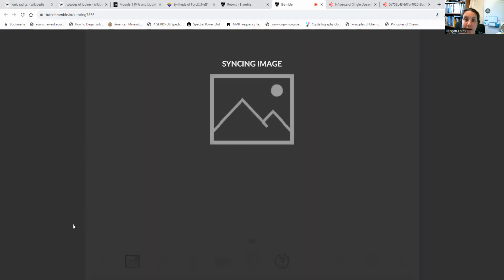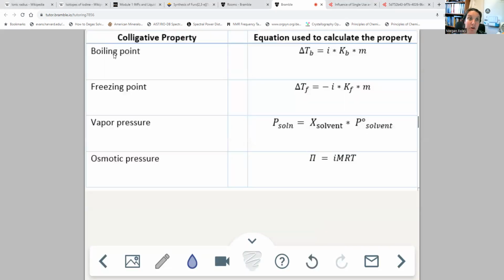I'm trying to avoid writing if at all possible. These are our different colligative properties. Remember, boiling point is going to be elevated. It's going to go up. Freezing point is going to go down. Vapor pressure is going to go down, and osmotic pressure is going to go up when we make solutions. Our equation for boiling point, this right here, is the difference in boiling point from the normal boiling point, or the difference in the boiling point from the pure solvent.